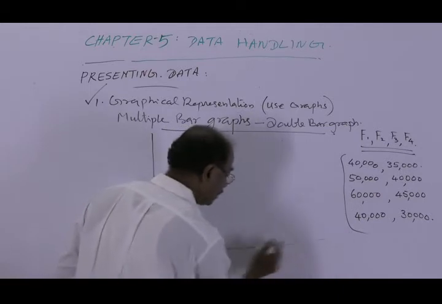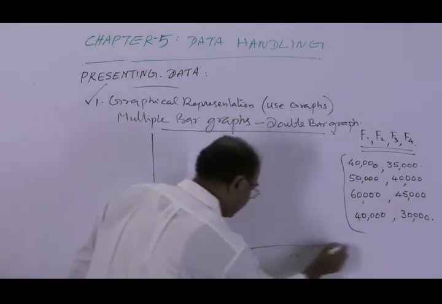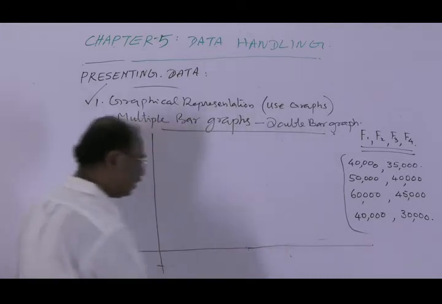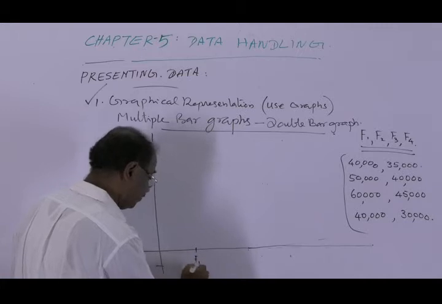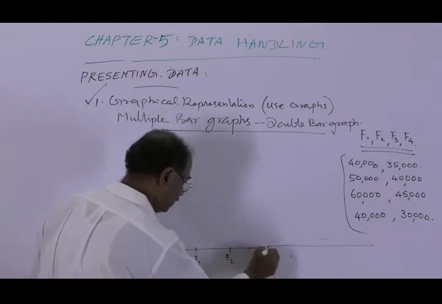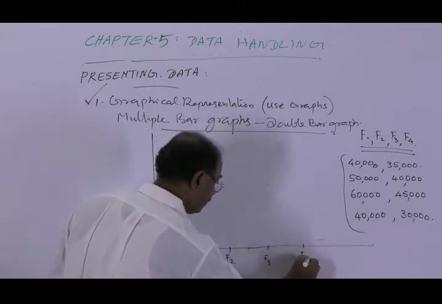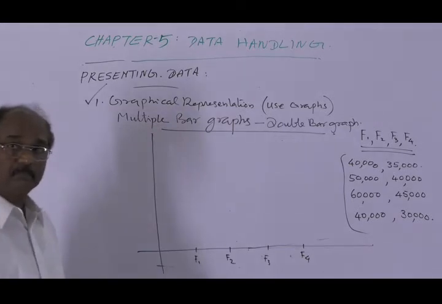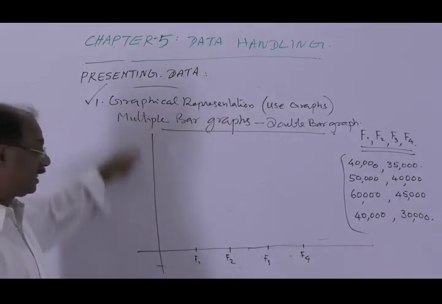Along the horizontal line, we mark the families F1, F2, F3 and F4, four families. Then the expenditure along the vertical line.